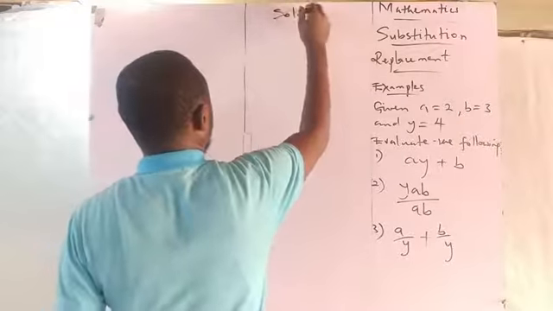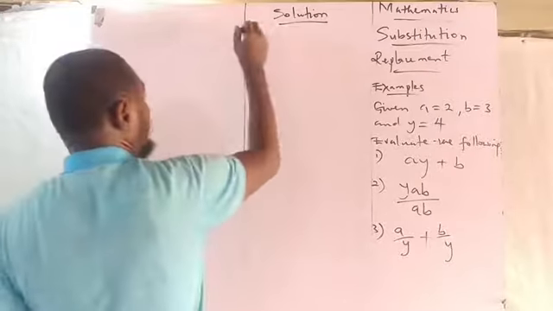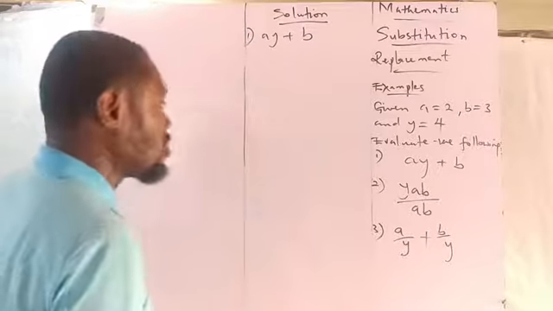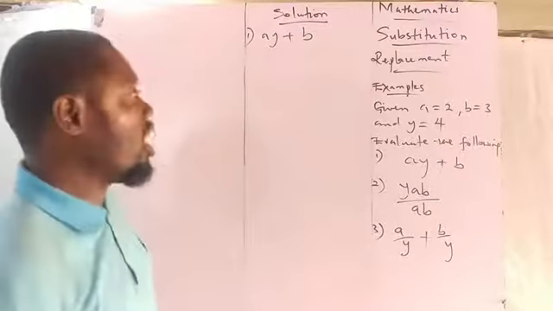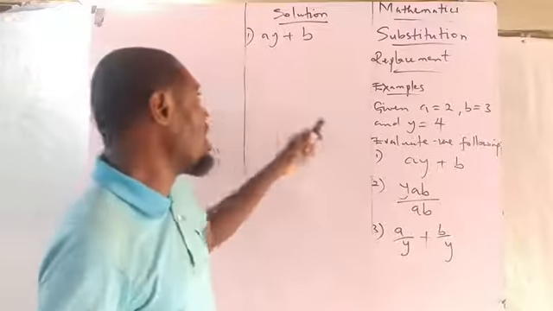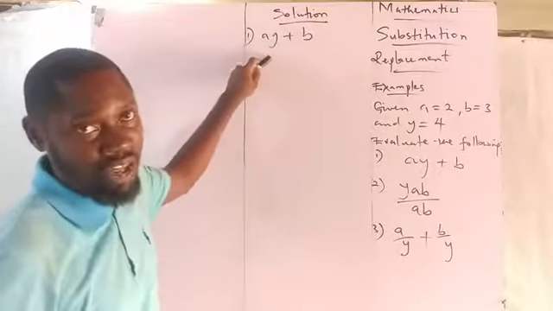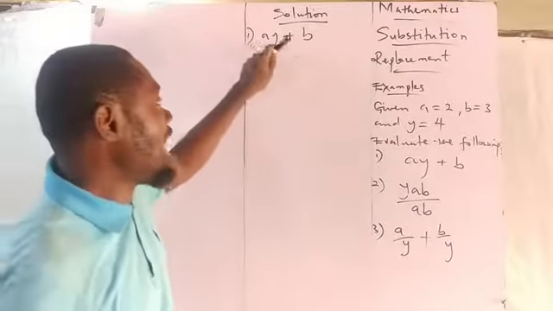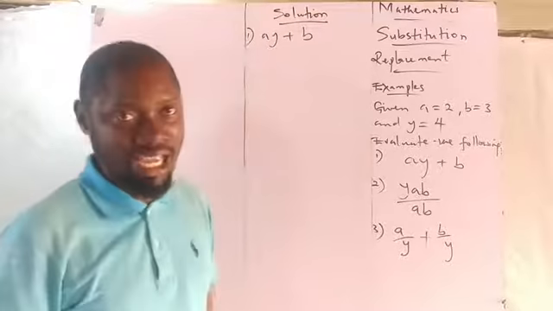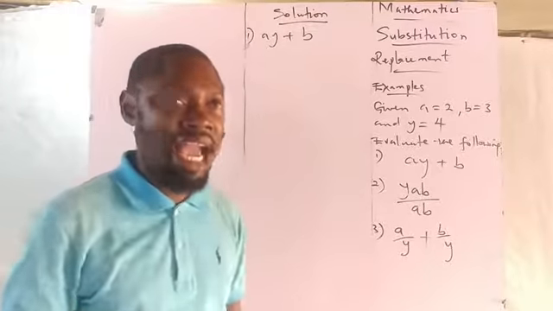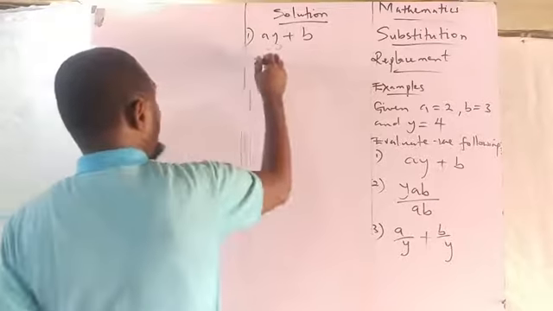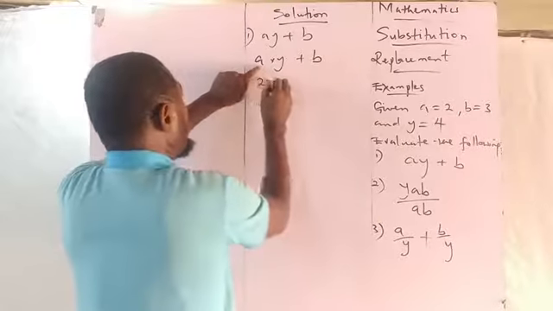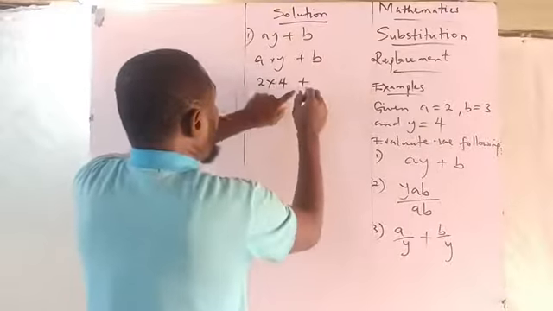Solution. Number 1, AY plus B. In substitution, you take each value given to you and put it in this algebraic expression. Remember, AY simply means A times Y. So I have A times Y plus B. My A is 2, my Y is 4, my B is 3.